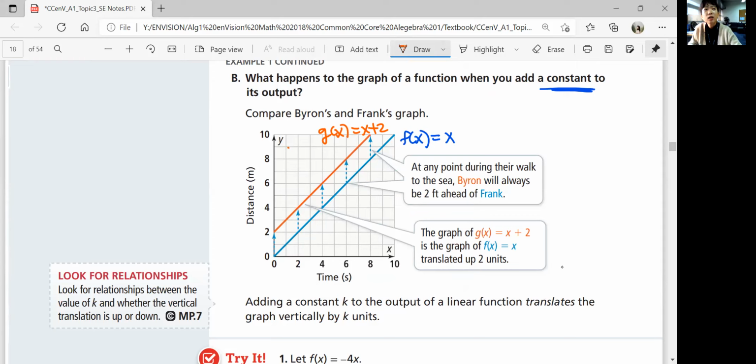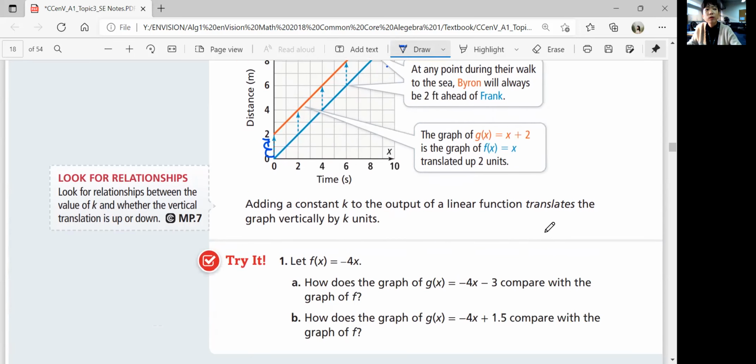So adding a constant plus 2, x versus x plus 2, that plus 2 matters. Adding a constant k to the output of a linear function translates the graph vertically by k units. So if you add 2 to the original equation x, you're moving all the points up 2 units.